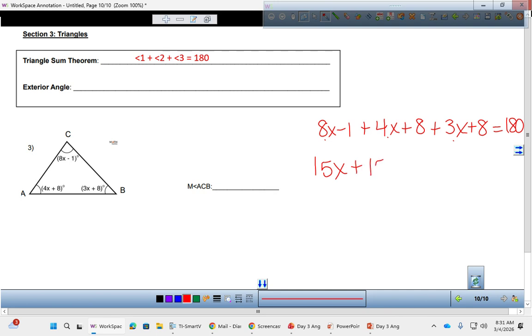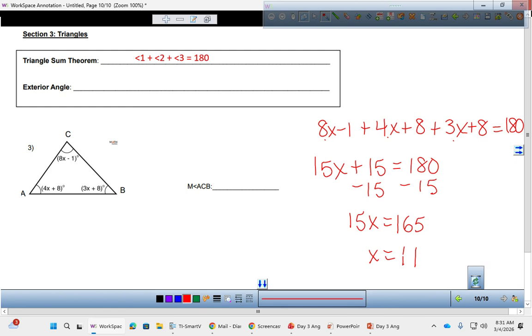So 2 15s. X equals 11. Now that's not what the question is asking.